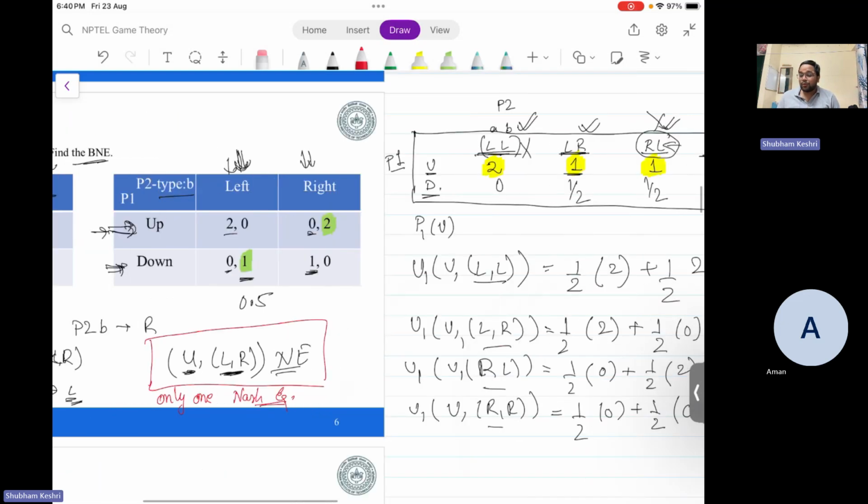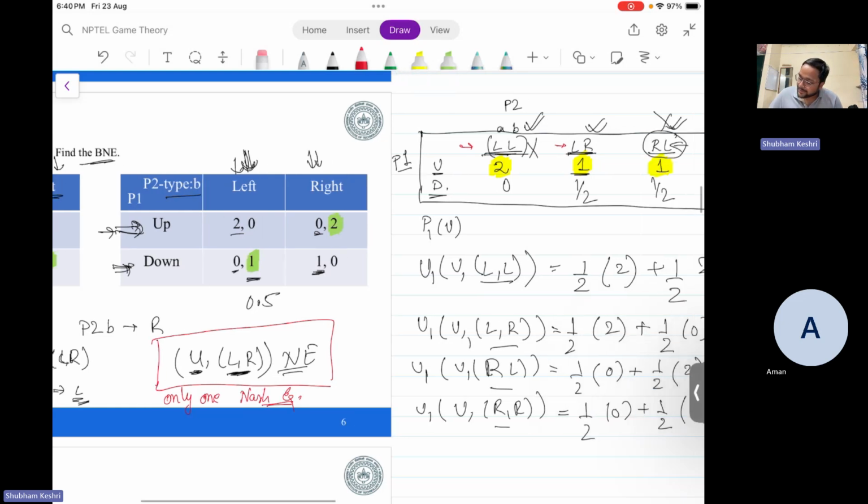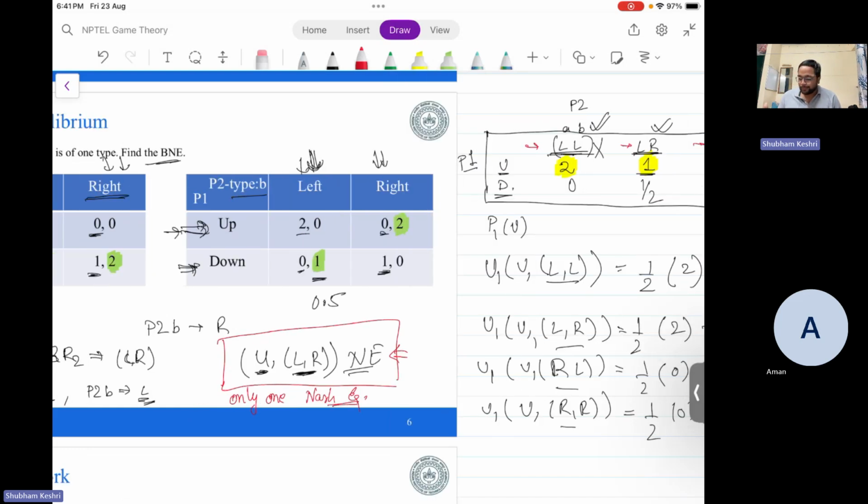Next, we saw whether, given the best response of player 1, each strategy set becomes a best response of player 2 or not. If a best response of player 1 gives a best response of player 2 in this strategy set, then that intersection becomes a Nash equilibrium. So there is only one Nash equilibrium: player 1 will play U and player 2 will play L, R.